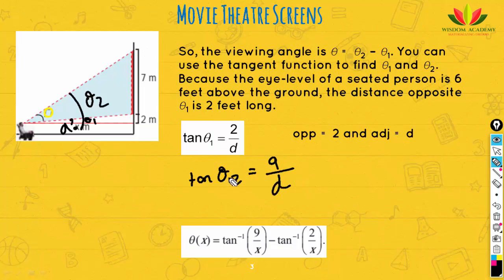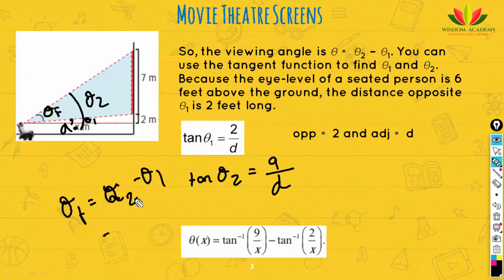So tan theta 2 is equal to 9 by d. Similarly, now I want to know only this angle, right? I want to know how the viewer is viewing the screen. This theta I need. I will take this as theta final. So theta final will always be equal to theta 2 minus theta 1, right?